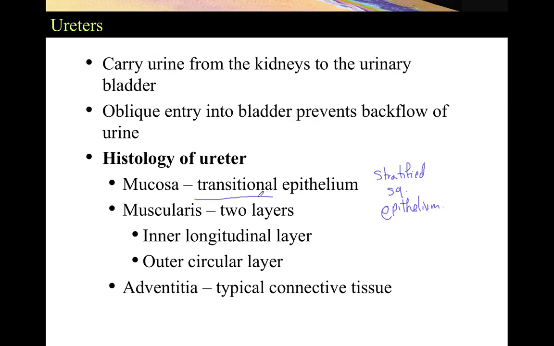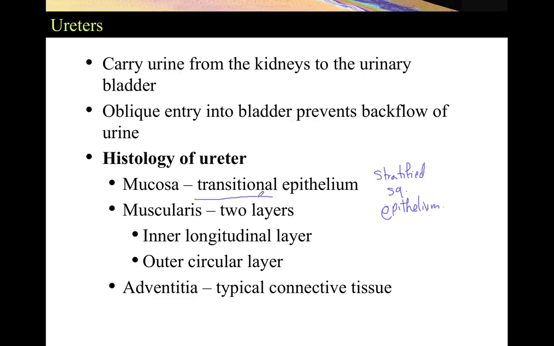And as you push urine through it, you need to expand the size of the ureter, so the cells become a little bit flat to stretch out the tissue. So if I ask you what type of cells make the ureter, your answer could either be transitional epithelium, if it's very specific, or stratified squamous.